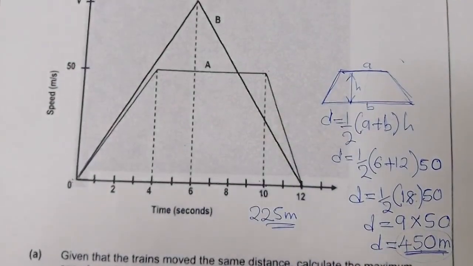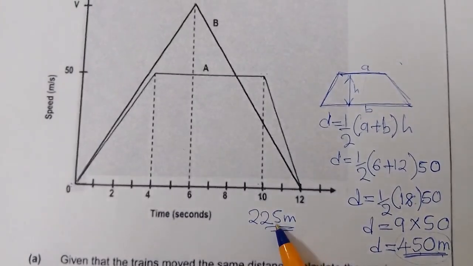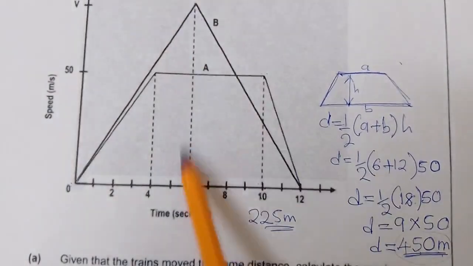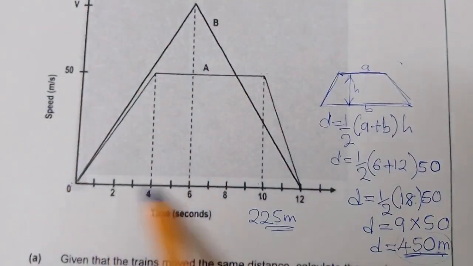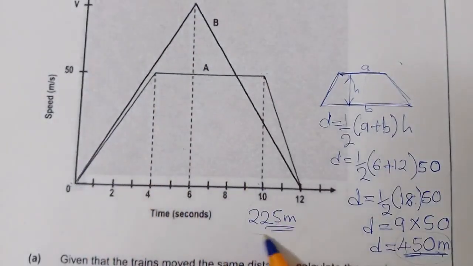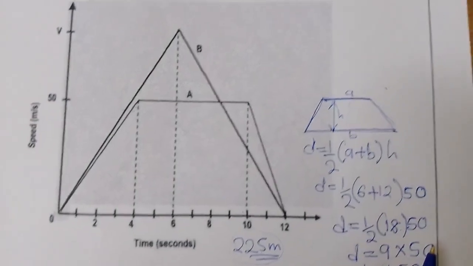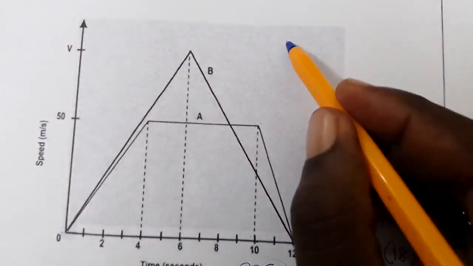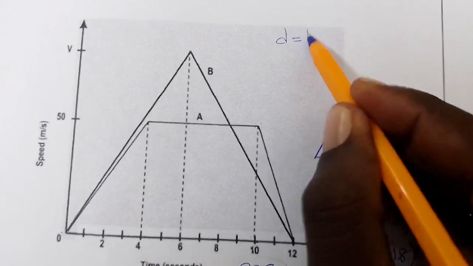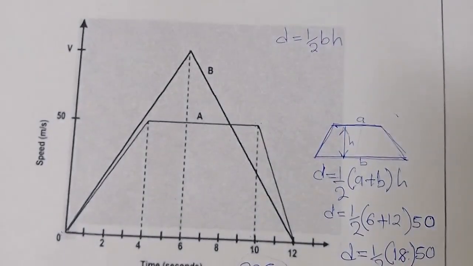So from here, okay, this is 225. When I get this part, this is a triangle. Since I'm using distance, I'm going to use the formula of distance. So this is a triangle. I'm going to say distance is equal to half BH. That is the formula.